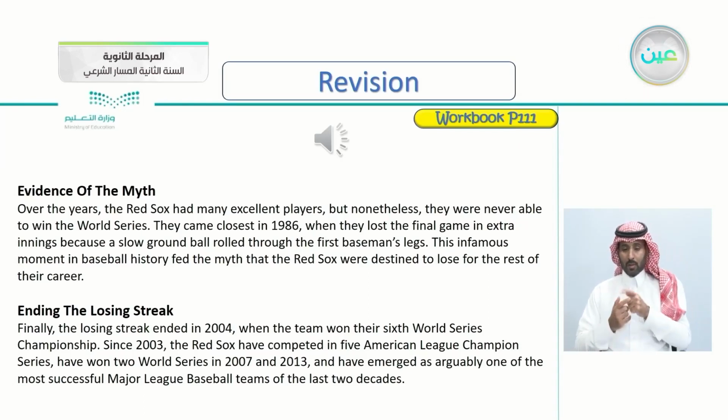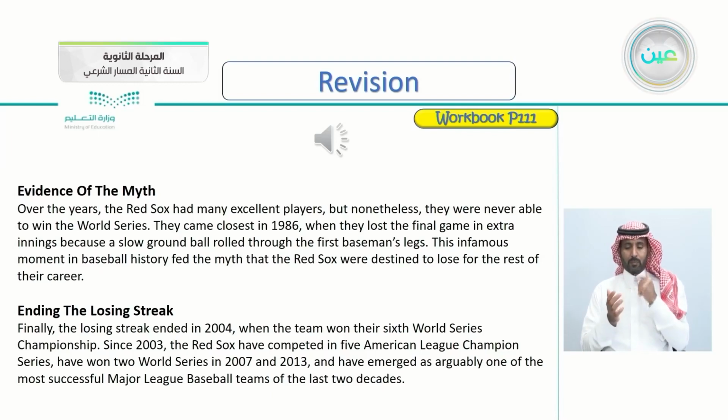Evidence of the myth. Over the years, the Red Sox had many excellent players, but nonetheless, they were never able to win the World Series. They came closest in 1986, when they lost the final game in extra innings because a slow ground ball rolled through the first baseman's legs. This infamous moment in baseball history fed the myth that the Red Sox were destined to lose for the rest of their career.